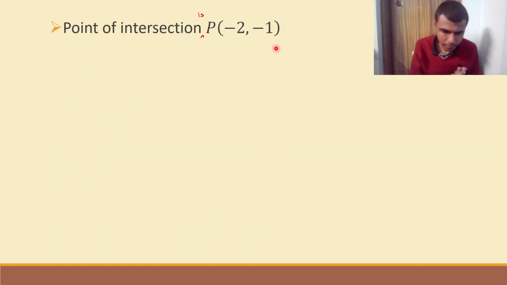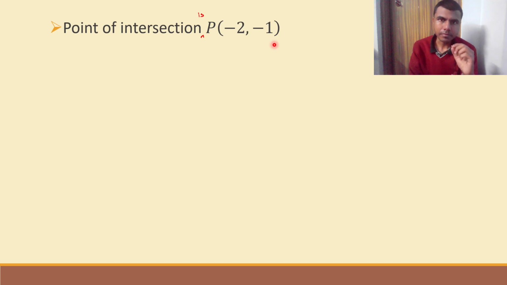Now listen to me carefully. The angle between curves is the angle between their tangents at the point of intersection. Basically I need to find the angle between the tangents at this point, P minus 2 comma minus 1. To do that, I need the slopes of the tangents.